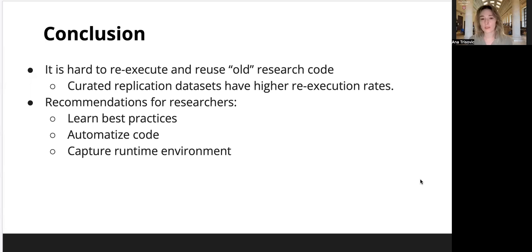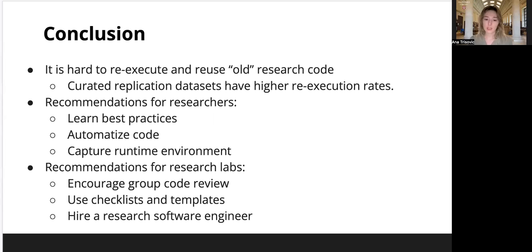So there are some things that can be done. Recommendations for researchers are to learn best practices for coding and be mindful of those. Also to automatize code, which serves a double purpose: automatizing, but also troubleshooting. Capture the runtime environment, either with packages or external tools such as containers.